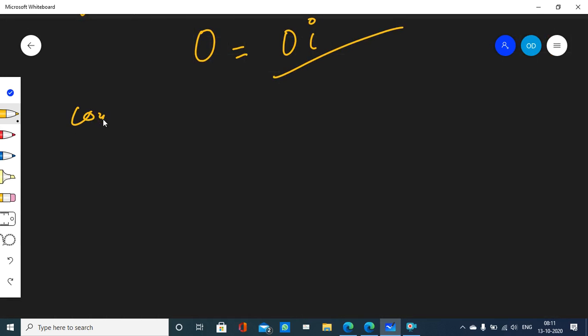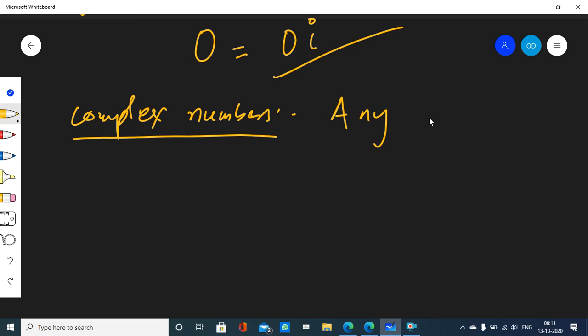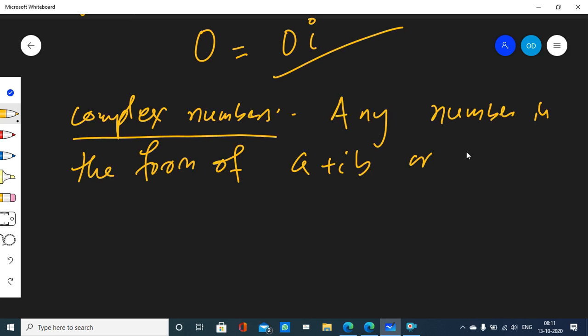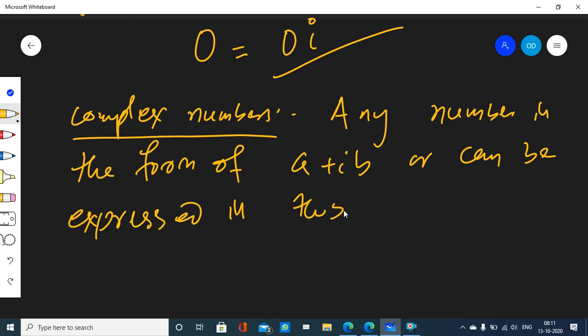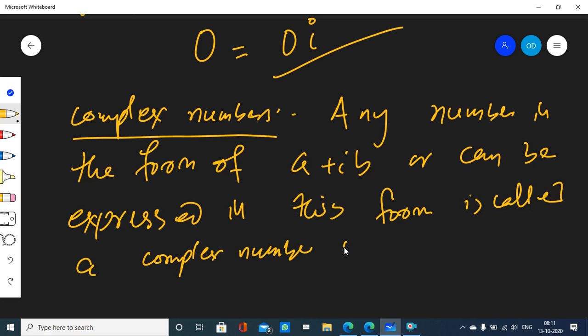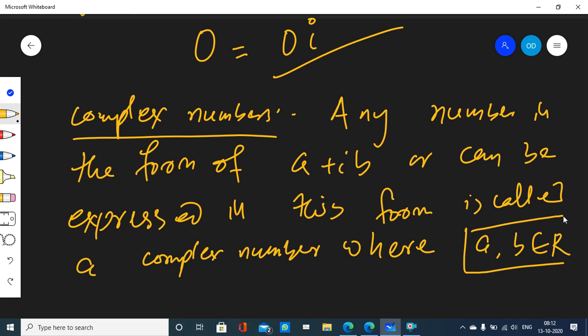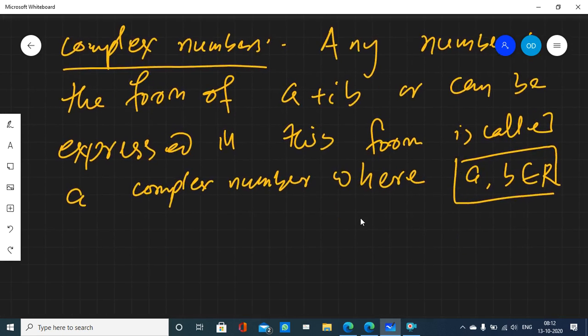Then we discussed complex numbers. I told you that any number in the form of a plus ib, or that can be expressed in this form, is called a complex number, where a, b belong to R, that is, a and b are real numbers.